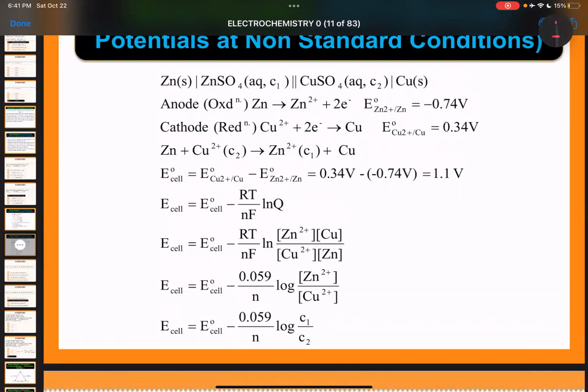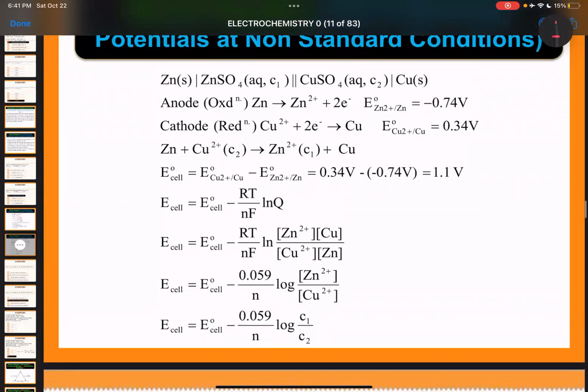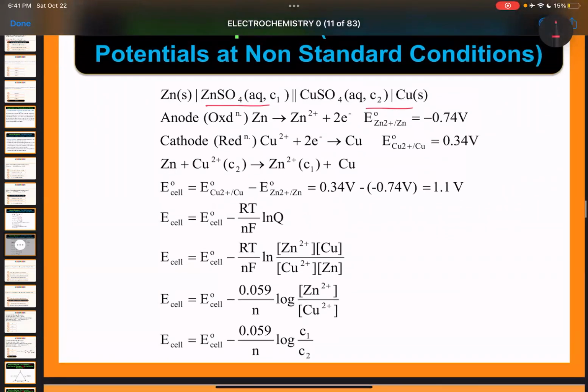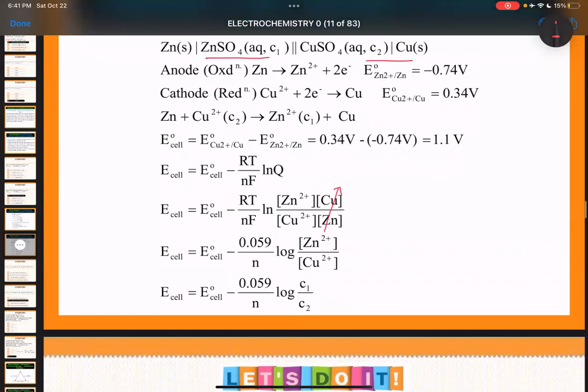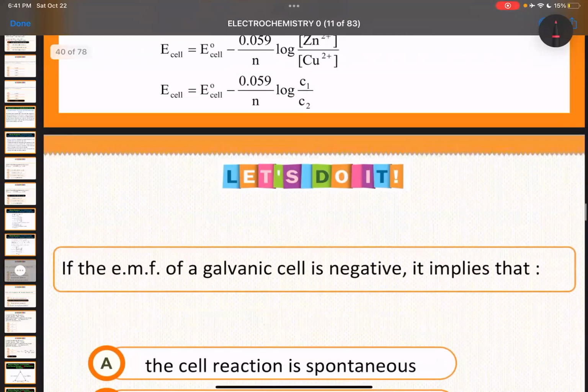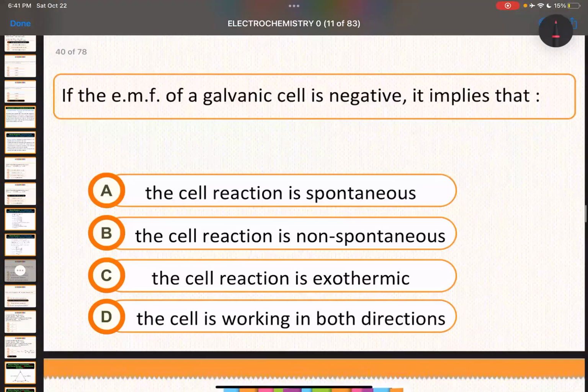So you need to find the original EMF of the cell, and the current EMF will be given as per the concentrations which are given to you. Right, this is the expression. Concentration of solids should be taken as 1, and accordingly you can calculate.